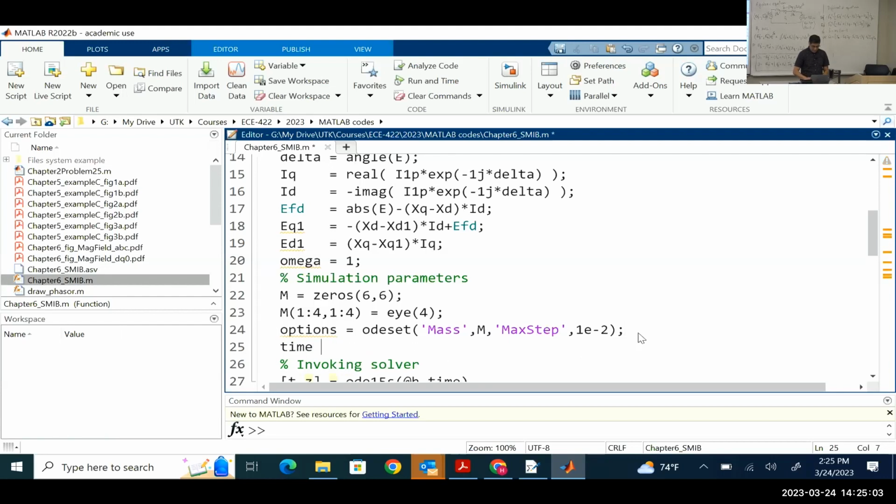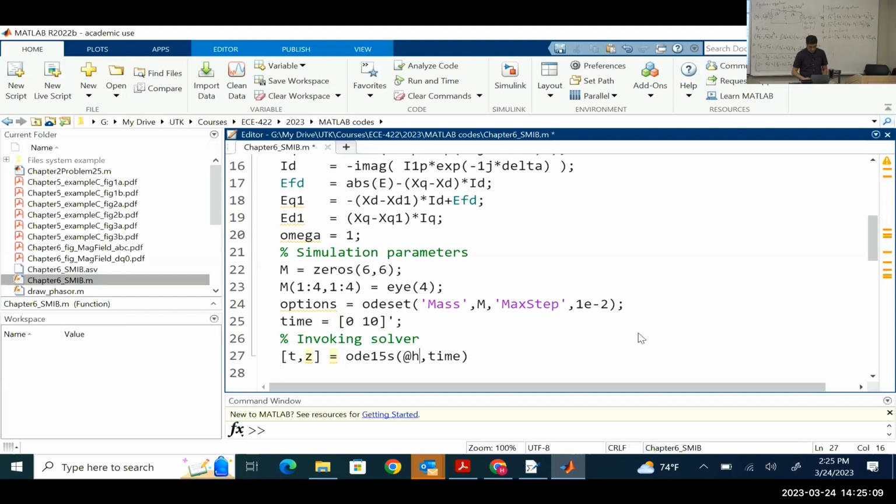Time, we can simulate for 10 seconds. So we have time, and we need the initial condition Z0, and we're going to tell the solver we're using these properties for the solution.